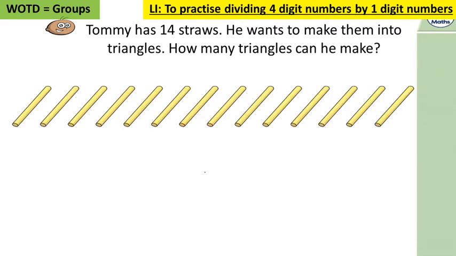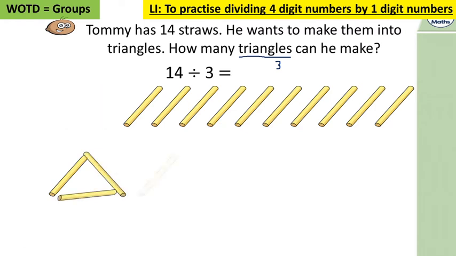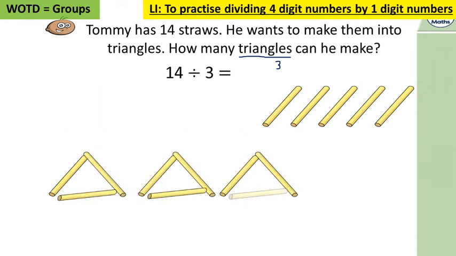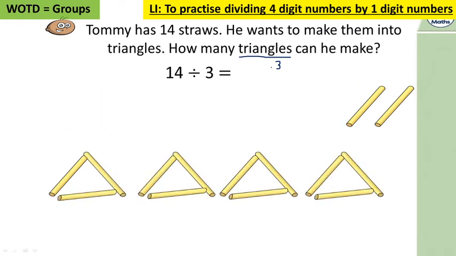Okay, let's look at Tommy first. So Tommy has 14 straws. He wants to make them into triangles. How many triangles can he make? So we are once again looking at how many 3s in 14. Different approaches. You can see how many triangles you make. Here we have 4 triangles with 2 left over, or you can use the bus stop method.